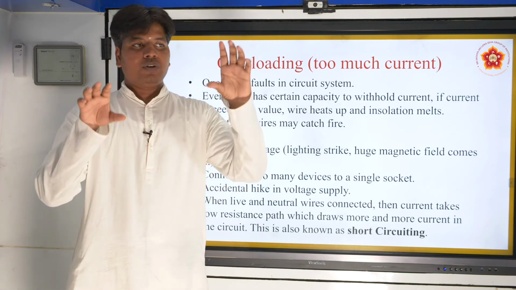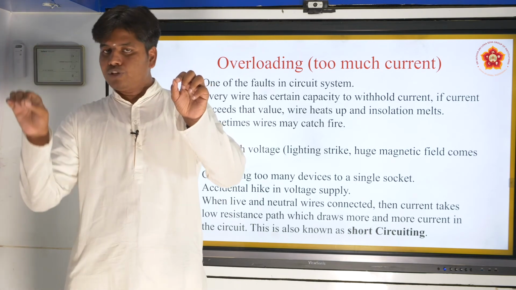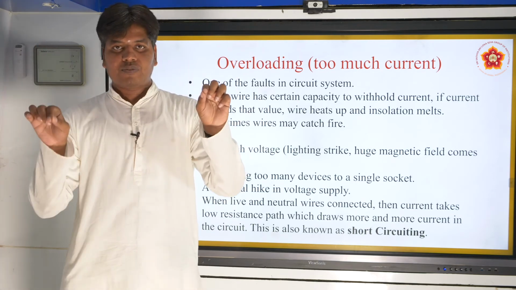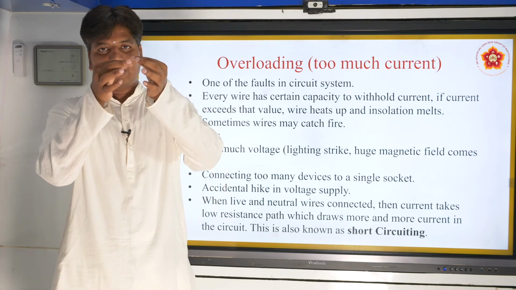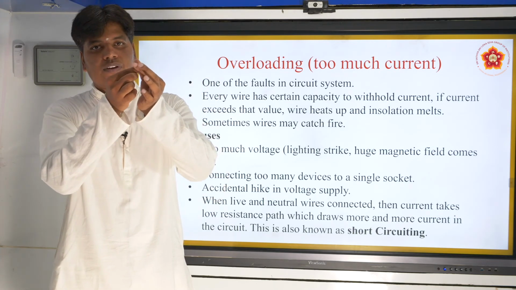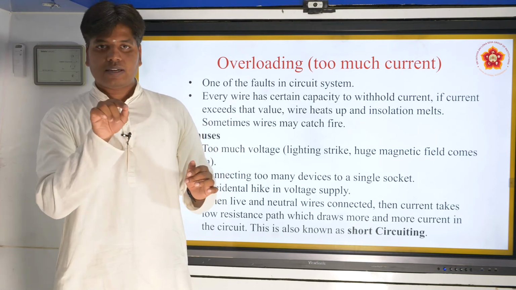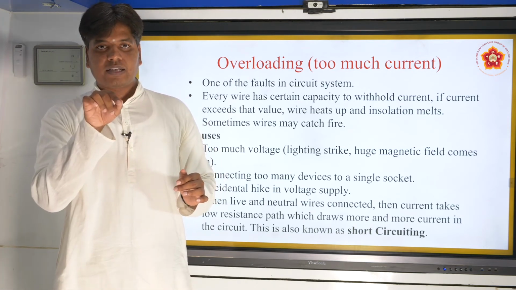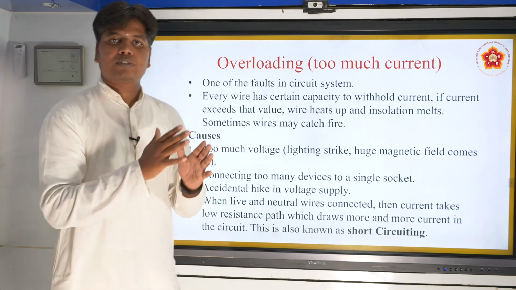By some fault inside the equipment, the live wire is attached to the neutral wire. So what happens? The current does not go through the equipment, because current always wants to follow the low resistance path.